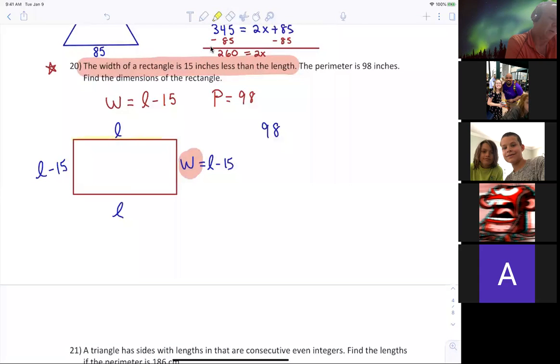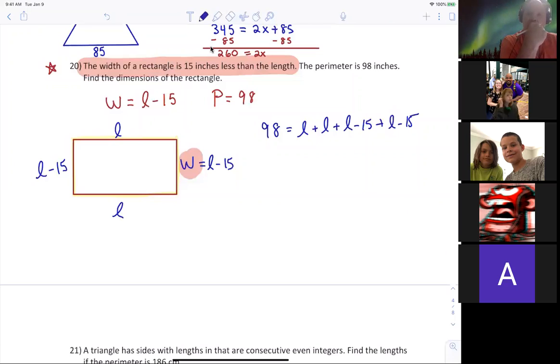L, L minus 15, L, and L minus 15. You have to add those together. So L plus L minus 15 plus L minus 15. All right, that's what we can do.